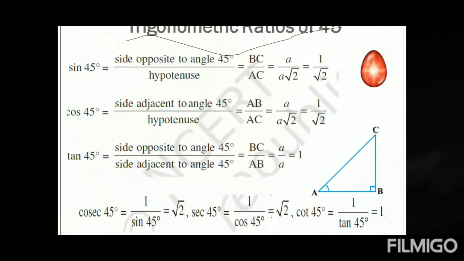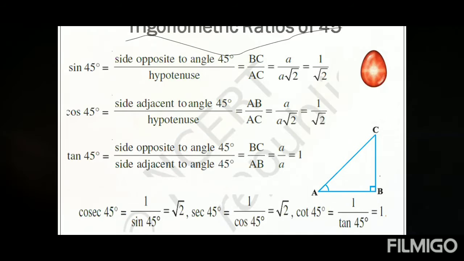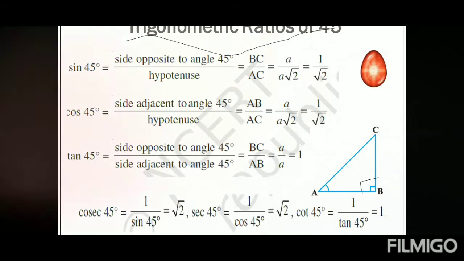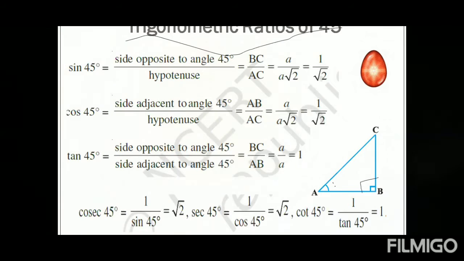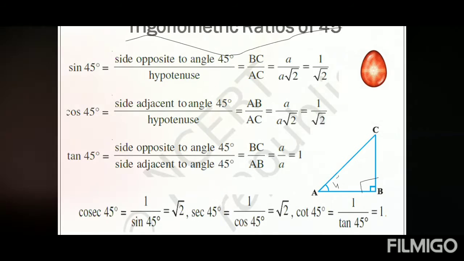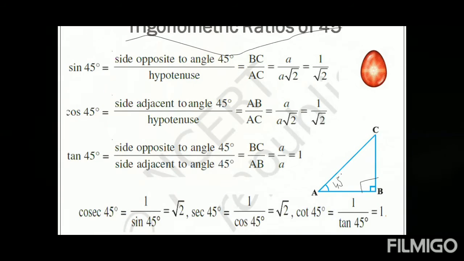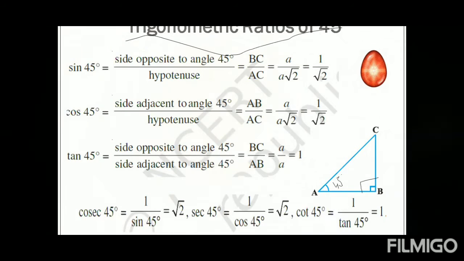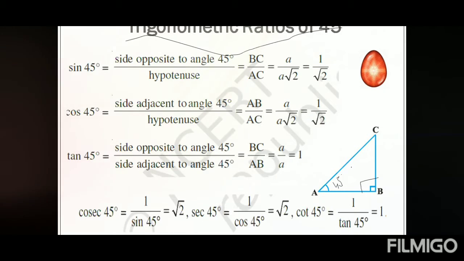In triangle ABC, right angled at B, if one angle is 45 degrees, that is angle A is 45 degrees, then the other angle will also be 45 degrees. How?